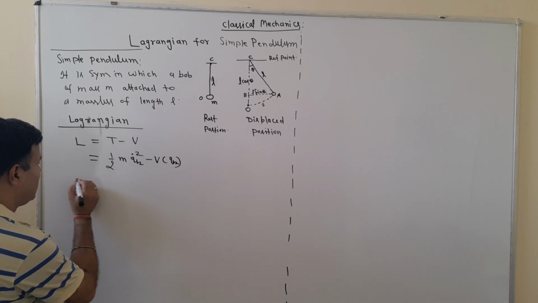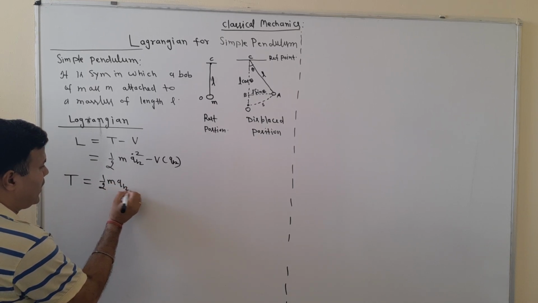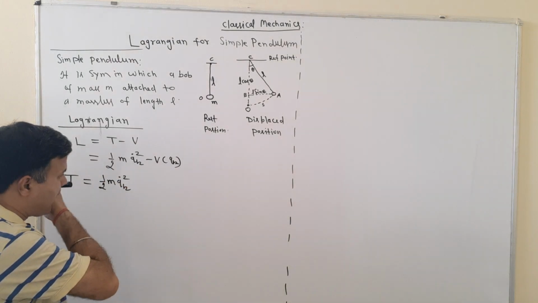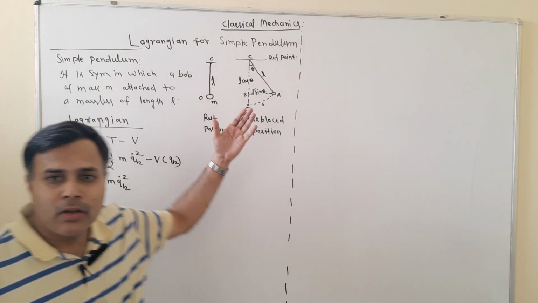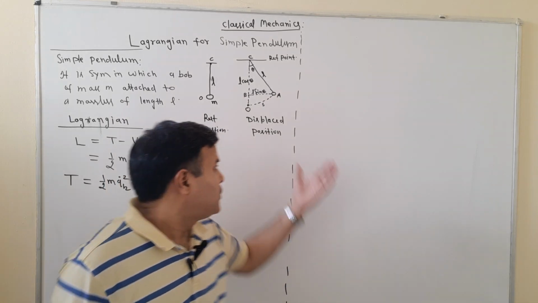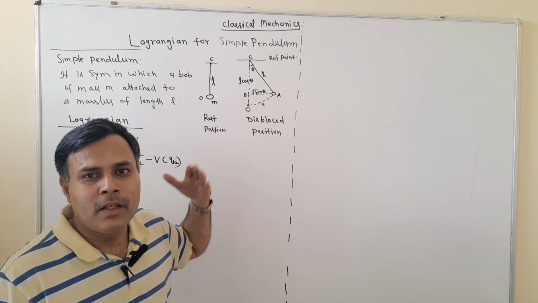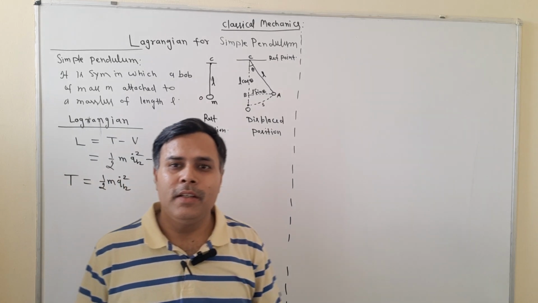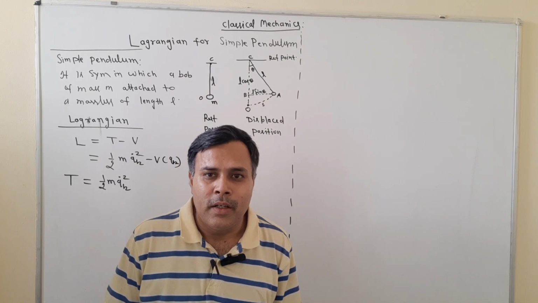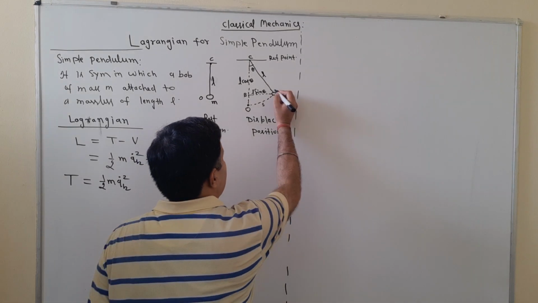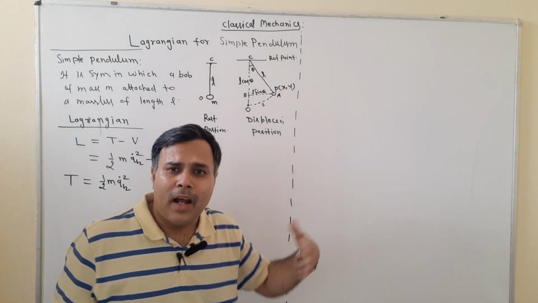What is our qk? This is our kinetic energy, simply half m qk dot square. And this pendulum is a physical system, so we can see the motion of this physical system is in a plane. Whether in planar Cartesian coordinates, xy, we can consider the particle to be here, or we can consider it in r theta also.